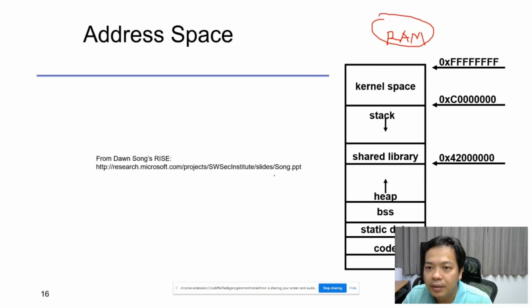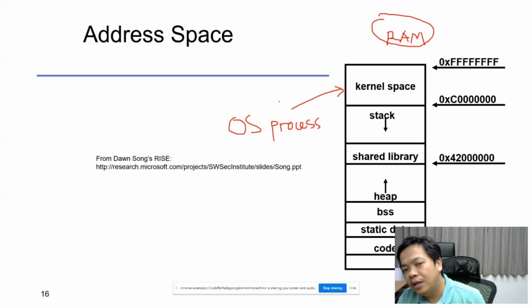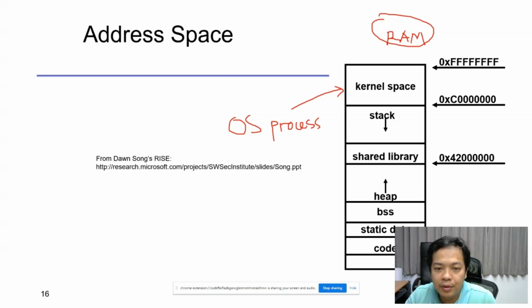We have one space called the kernel space, which is for some operating system processes. Sometimes we have something like a file explorer.